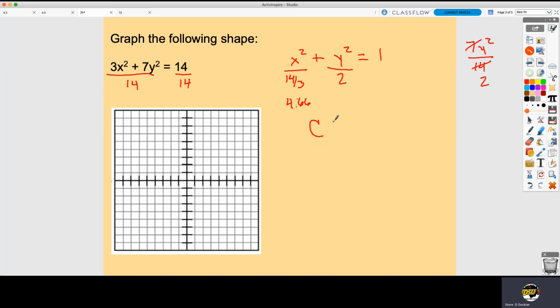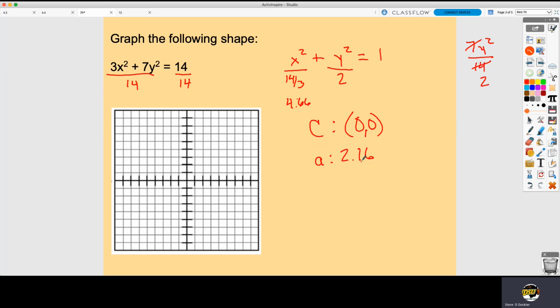So our center is still at the point 0, 0. Our a value is the square root of 4.66, which is 2.16.